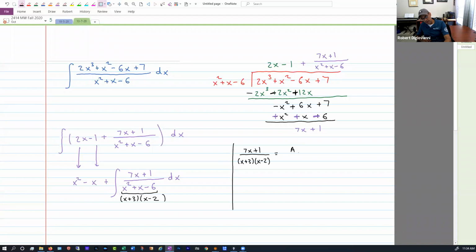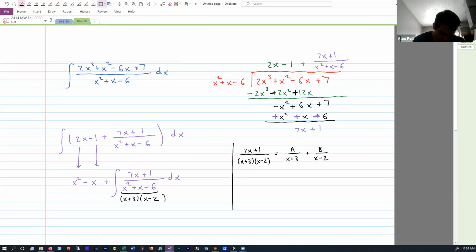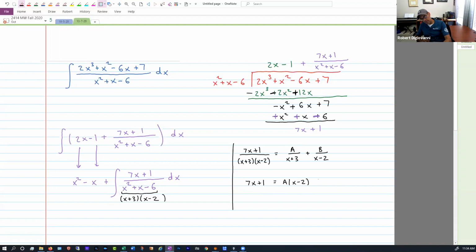So I just do A over the first linear factor, and then B over the second linear factor. That was a plus. And then you just clear your fractions. I'm not going to show this step. I'll trust that you could all clear the fractions.